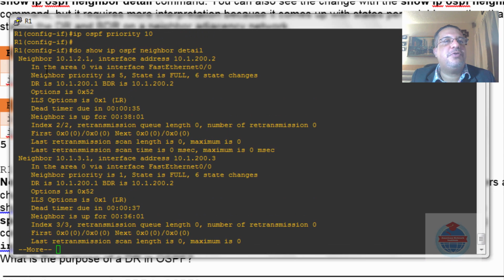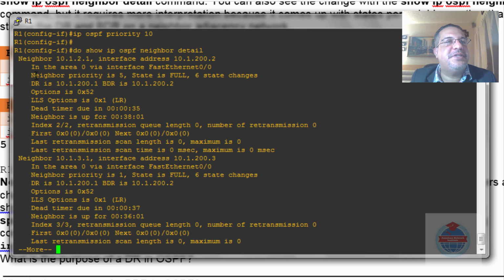Now we see over here a couple of changes. The priority that we already saw before, and I already mentioned to you that was 1, changed to 5. DR is located over here, and the Bdr have changed as well.